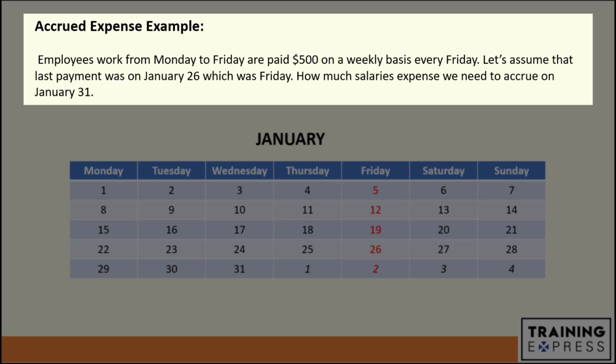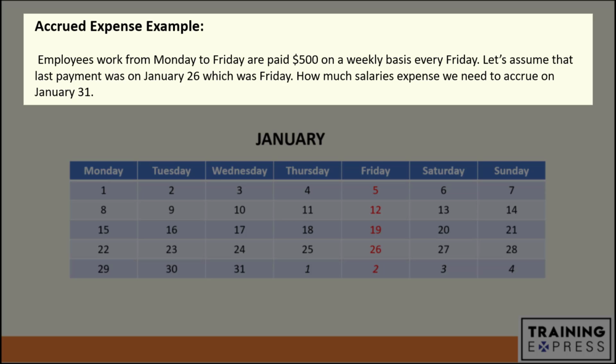Let's assume that employees work from Monday to Friday and they are paid $500 on a weekly basis every Friday. Let's assume that the last payment was on January 26, which was a Friday.